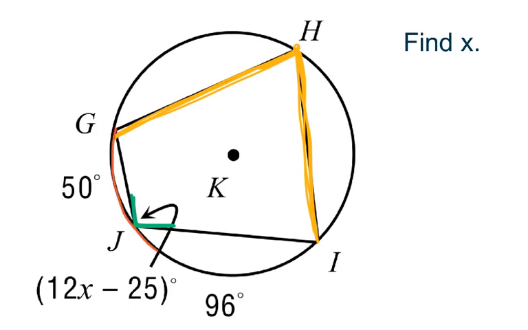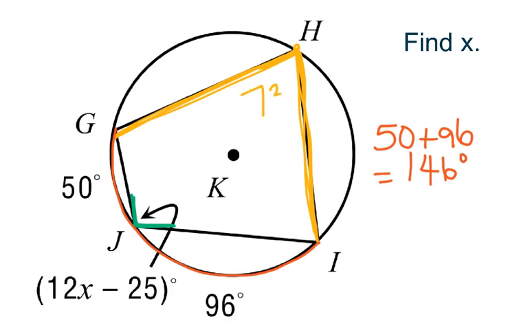And inscribed angles are equal to half of the intercepted arc. So that intercepted arc I just drew in red, the whole thing is 50 plus 96, which is 146. If the red arc is 146 degrees, then half of that is 73. So angle H has to be 73 degrees.